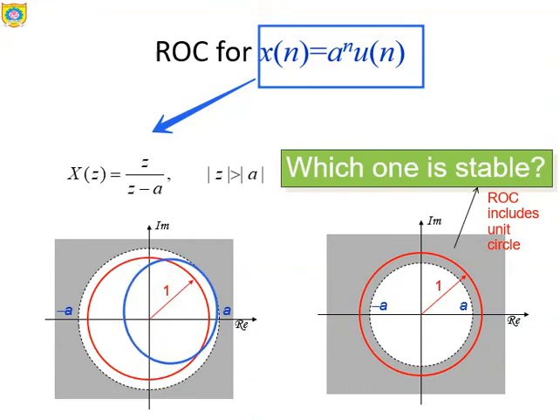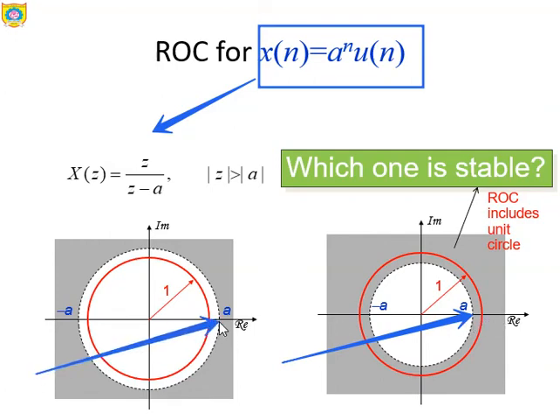So this ROC is not the appropriate one to decide the stability, but the second case is when a is less than 1. So here a is greater than 1, and for the second case a is less than 1. So what is happening in these two cases for the stability?